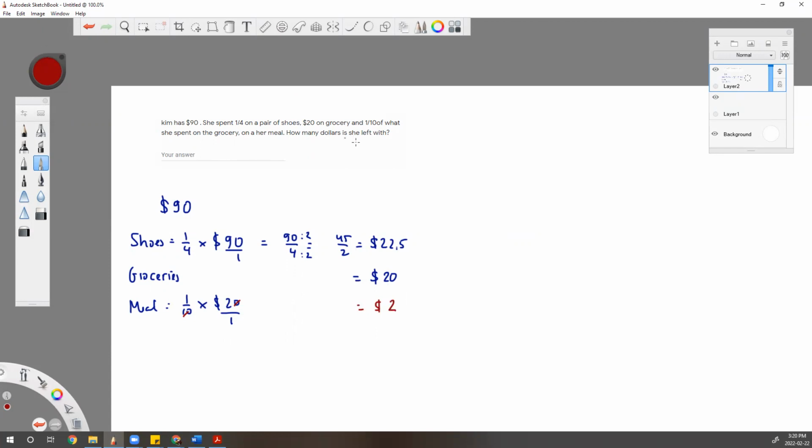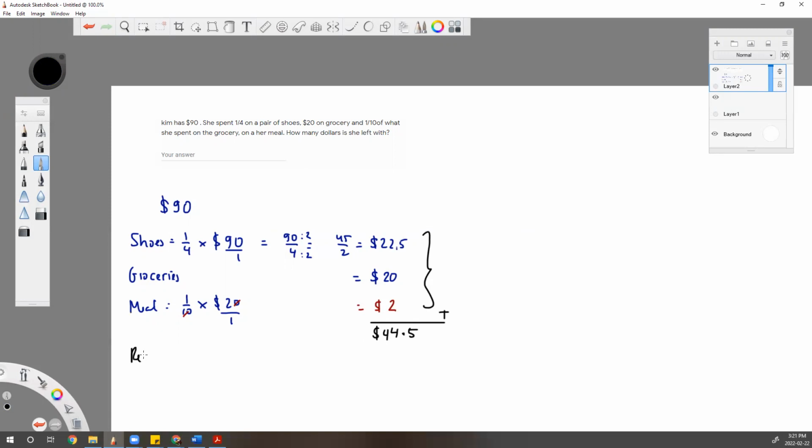So how many dollars is she left with later on? We have to calculate every expense that she paid for shoes, groceries, and meal. Add all the numbers. So it is 0.5, then 2 plus 0 plus 2 is 4, so $44.5.